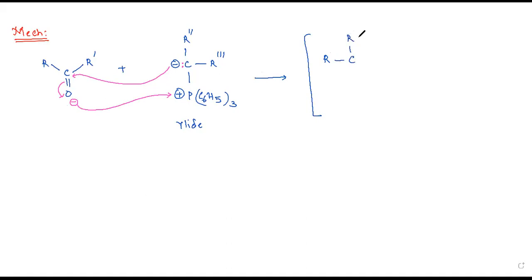Very simple but a little interesting at the same time. You need to be very careful while writing the things, otherwise it goes wrong. C R', C R'', then R''', this is oxygen which is connected to phosphorus, and of course there is a bond between these. C6H5 taken thrice. Yes, all the bonds are okay.